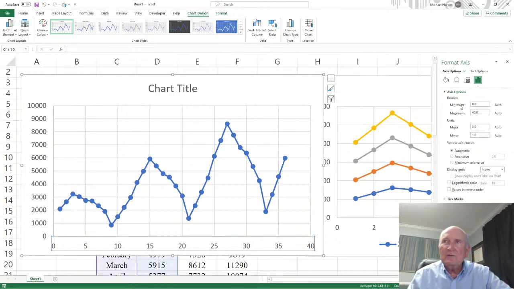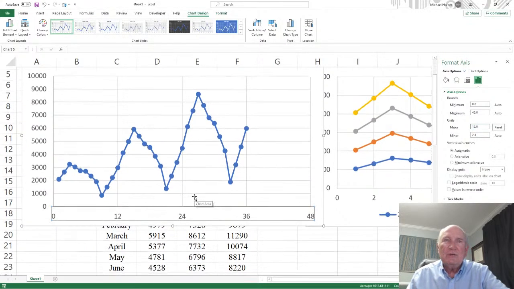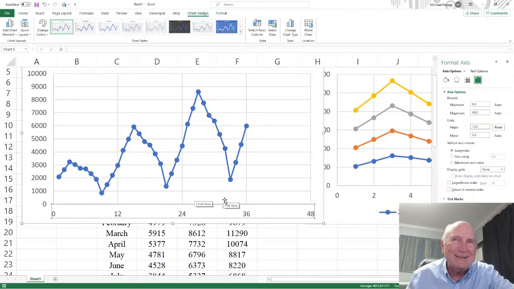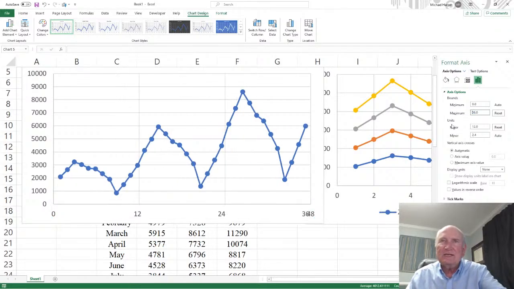Let's say the minimum is 0, maximum is 40. That's okay. But the major units is 5. No, we want it to be 12, because 12 is a year, right? Actually, let's make it stop at 36. The maximum is 36. There we go.